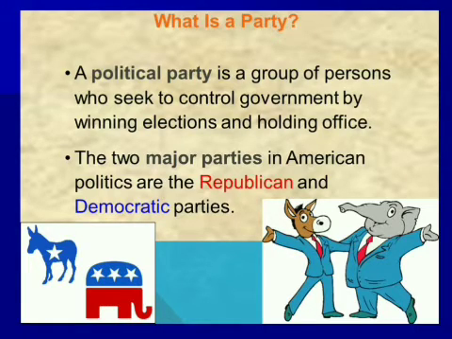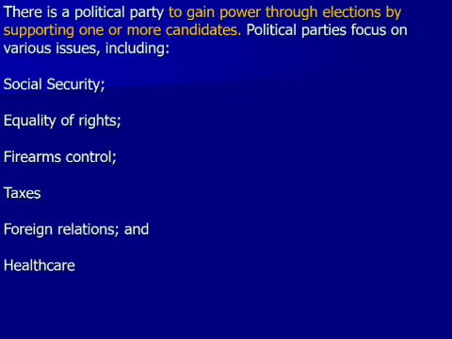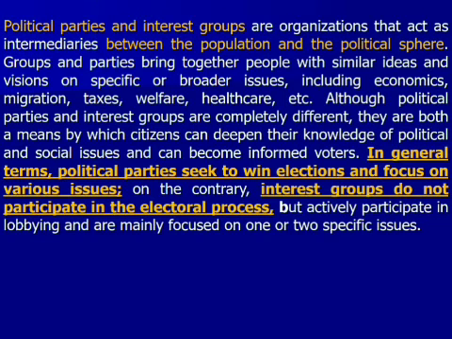They can be Republican and Democratic parties that exist in politics. Political parties gain power through elections by supporting one or more candidates. Political parties focus on various issues, including social security, equality of rights, firearms control, and so on.